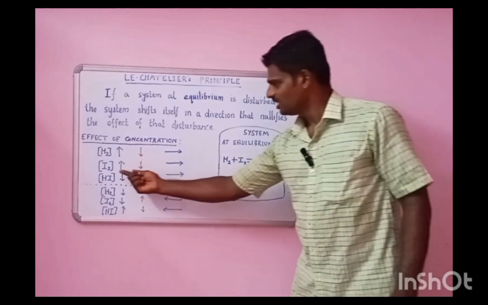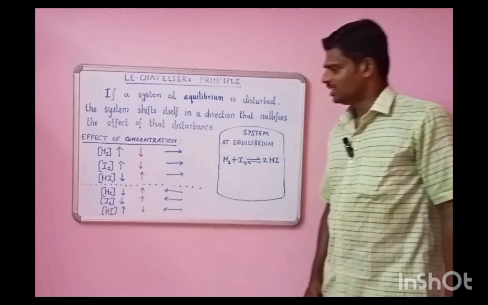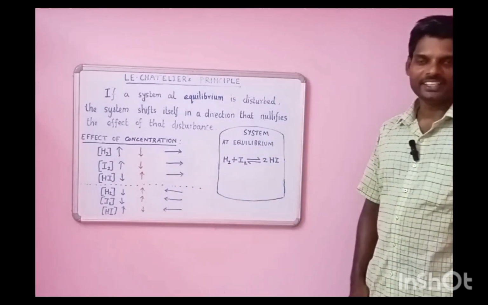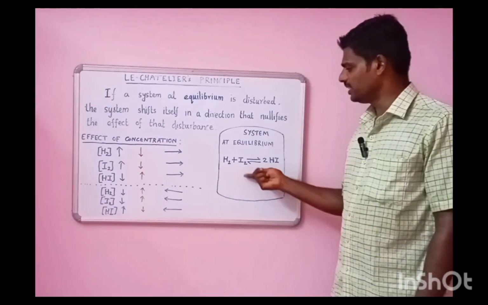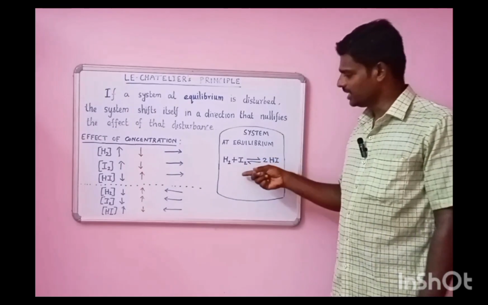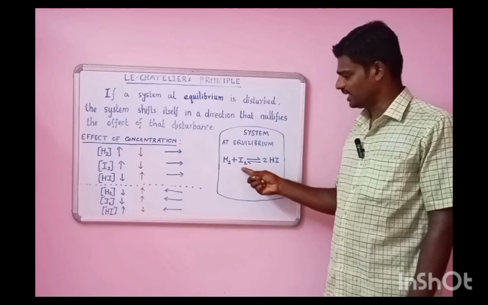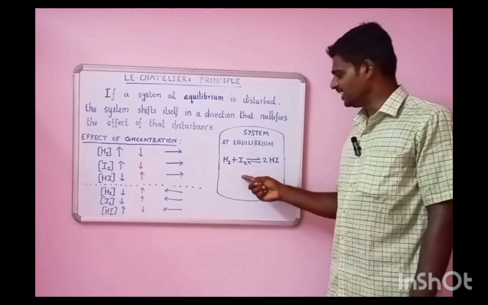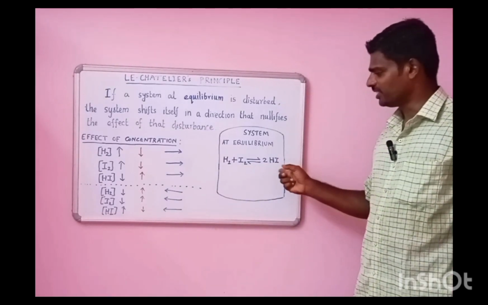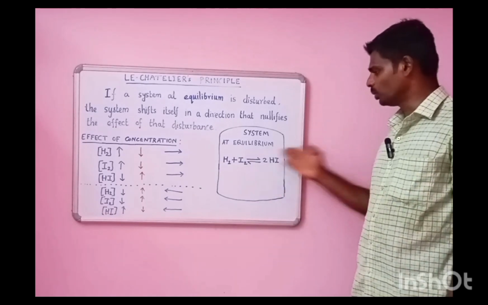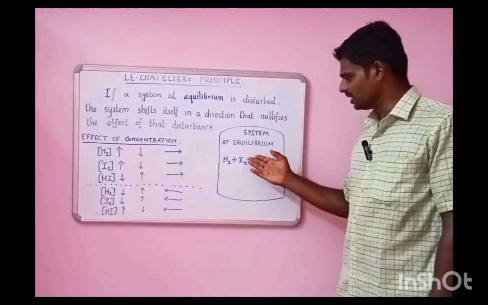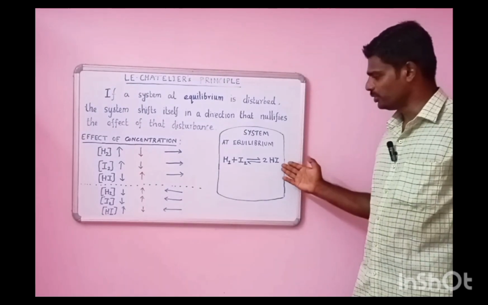Now we will see the change of concentration of iodine in the system. The same thing applies, as it is also a reactant. If we increase the reactant concentration, then it produces more hydrogen iodide. That means it will favor the forward reaction.